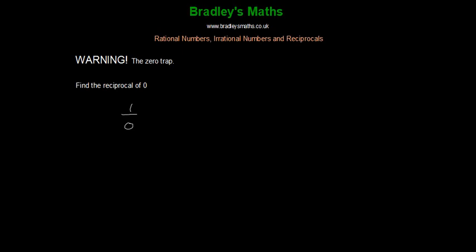But division by 0 is undefined. We say that division by 0 is undefined.